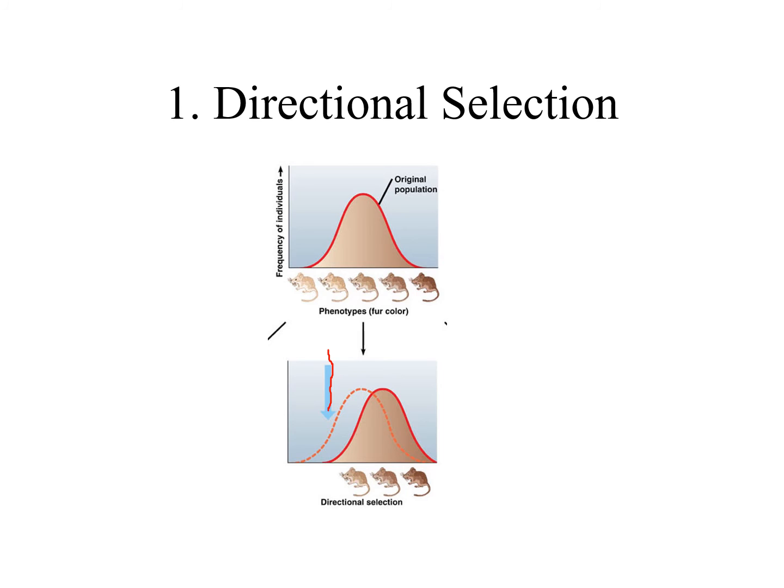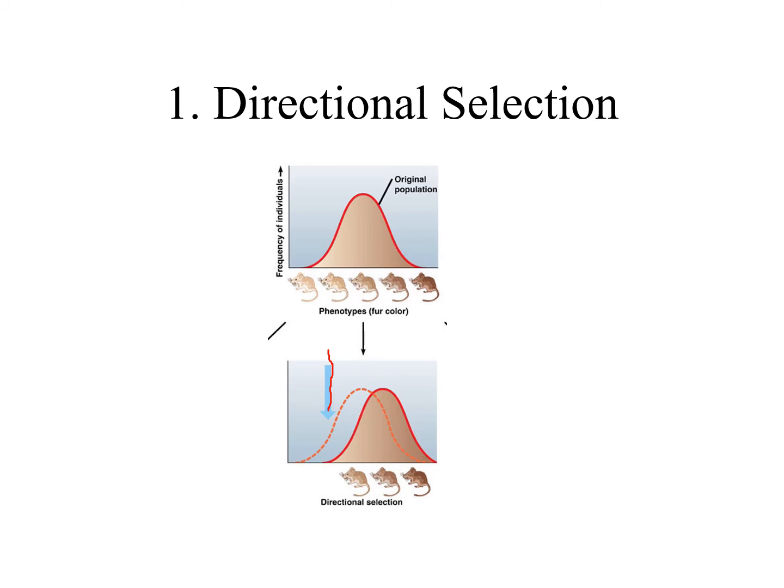Those genes get passed on at a higher frequency, and the population experiences a shift along that x-axis away from the less fit end of the range of variation toward the more fit end. So as a population, they get darker.